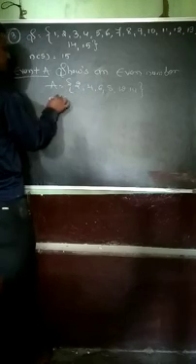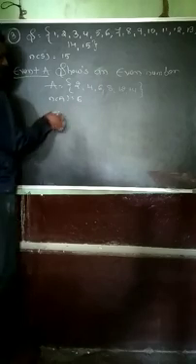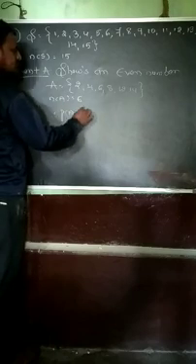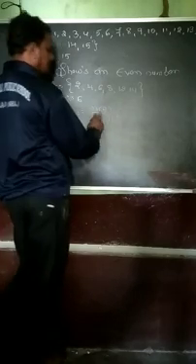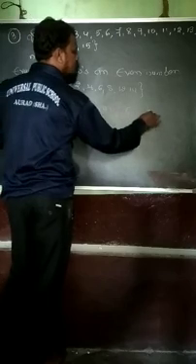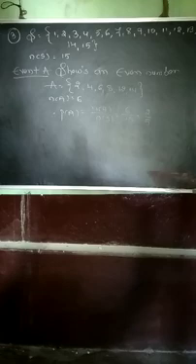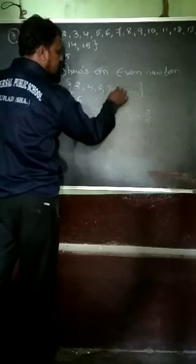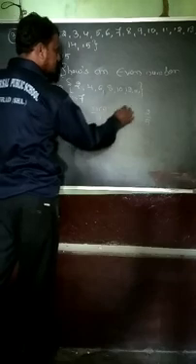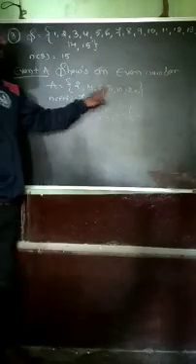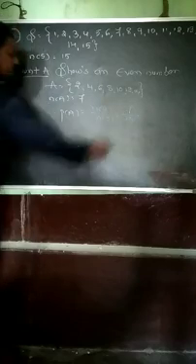So n of A is equal to 7. The number of sample points in the event is equal to 7. Therefore the probability of event A is equal to n of A divided by n of S, so n of S is 15 and n of A is 7, so the probability is 7 by 15.